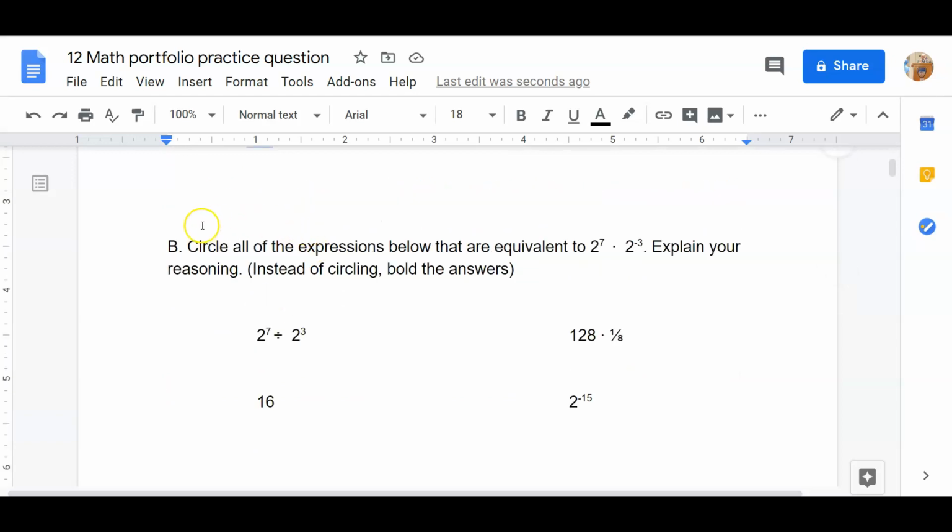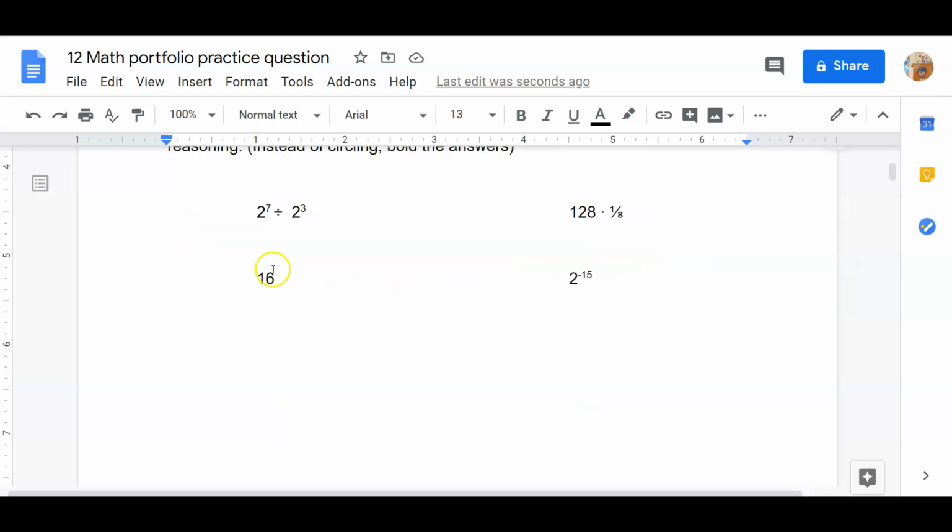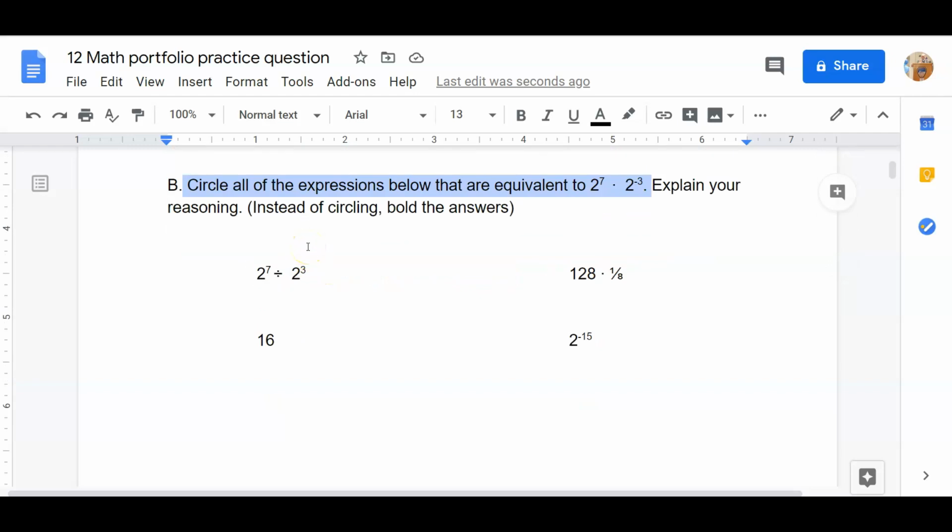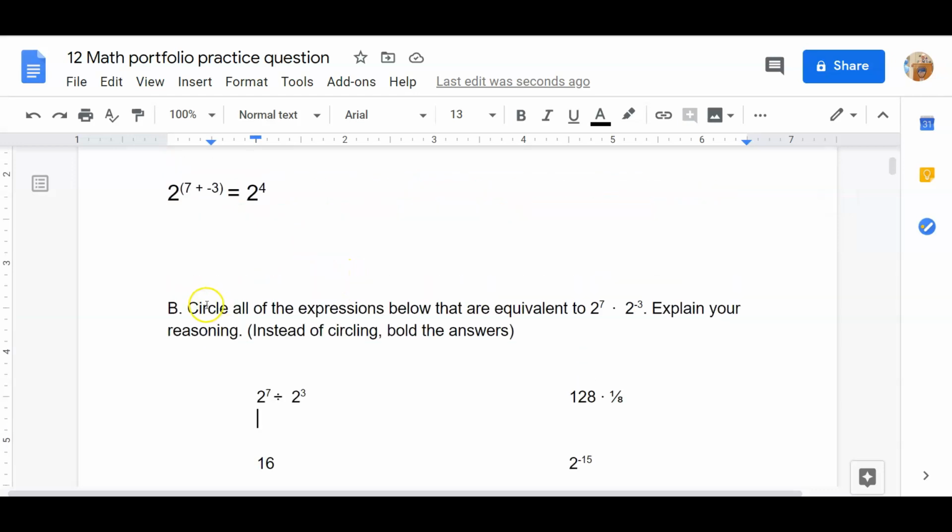Now you get to B, and it says circle all the expressions below that are equivalent to 2 to the seventh times 2 to the negative third. Explain your reasoning. Instead of circling, bold the answers. So you need to circle all the expressions that are equivalent to this.